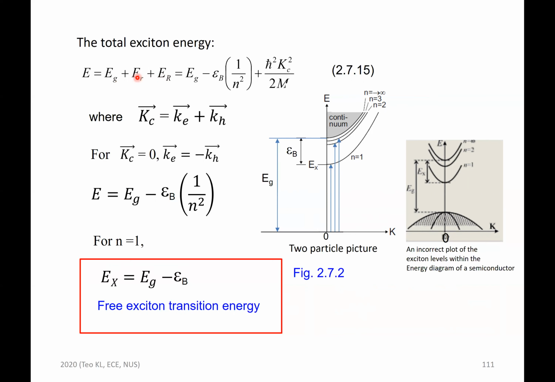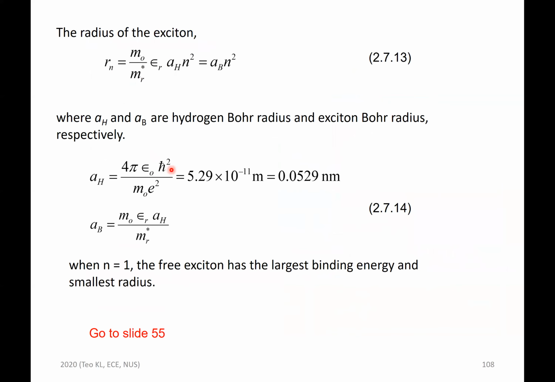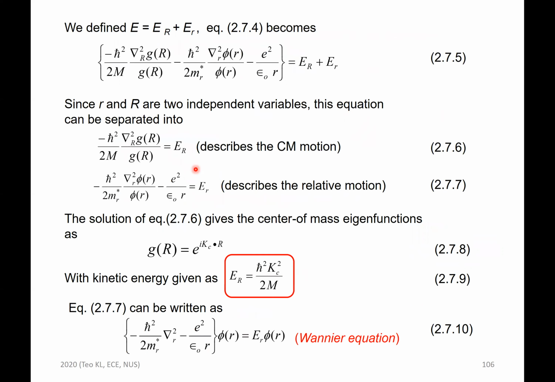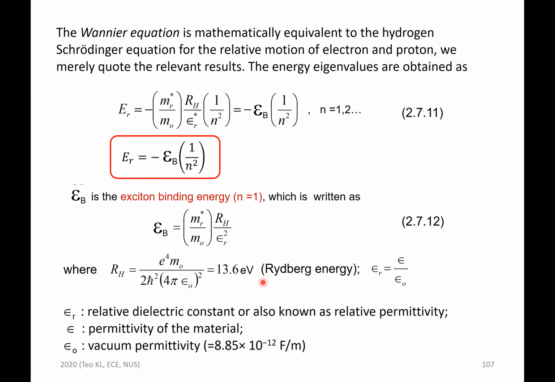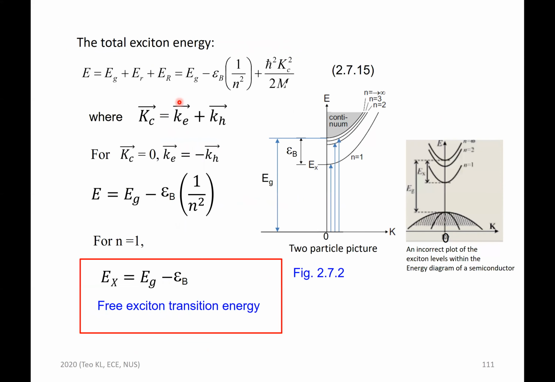The relative motion we have obtained in this value, the binding energy times 1 over n squared, where n is the quantum number, and ER is ħ²K²/2M. So band gap minus the relative motion energy plus the center of mass motion energy, that is the total exciton energy.